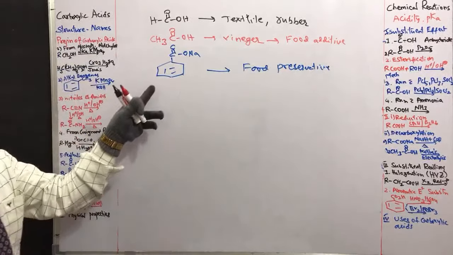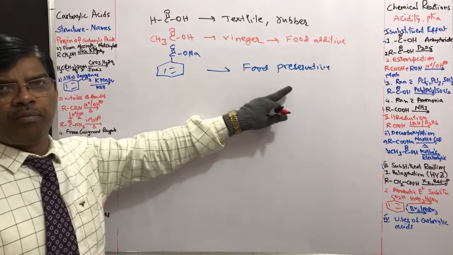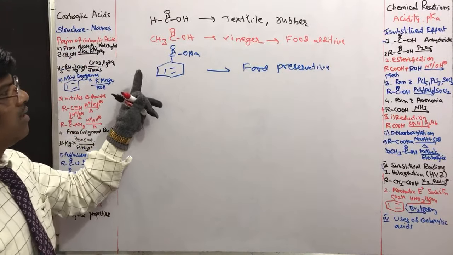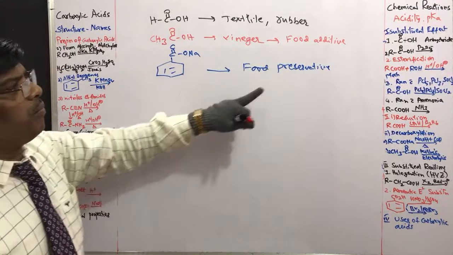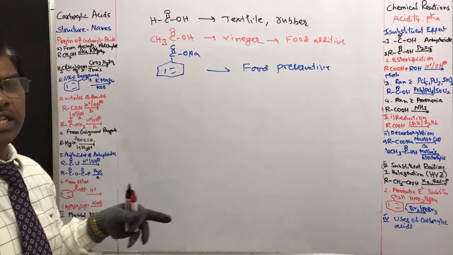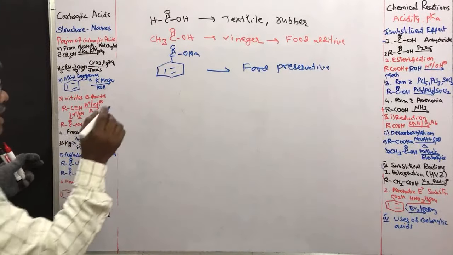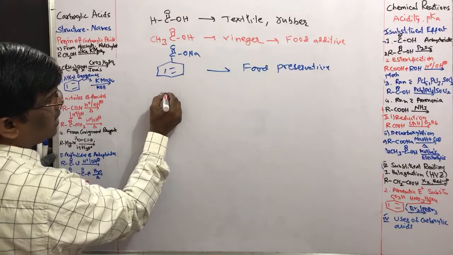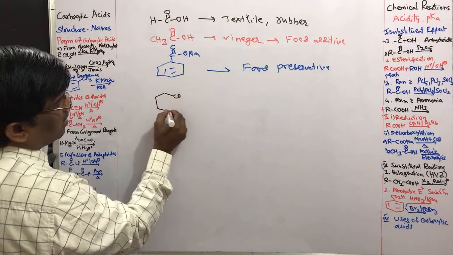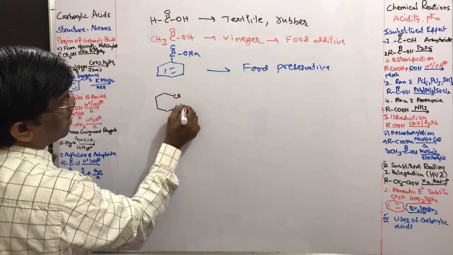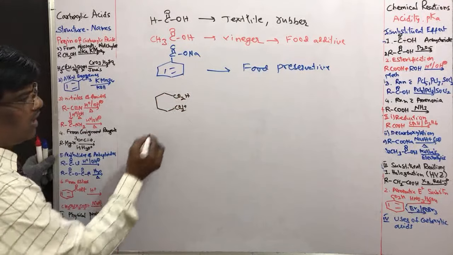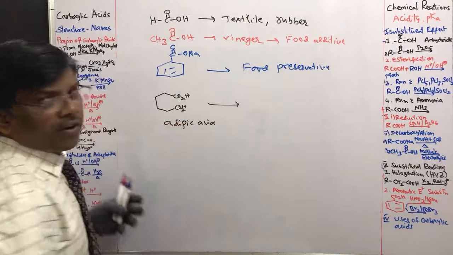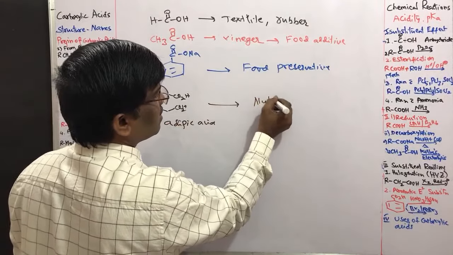So you will find this sodium benzoate in some food particles as a solid part, or you will get it in a bag, which prevents oxidation. And especially hexanoic acid, at the beginning I have explained, adipic acid, hexane dicarboxylic acid, adipic acid is useful for the preparation of nylon 66.